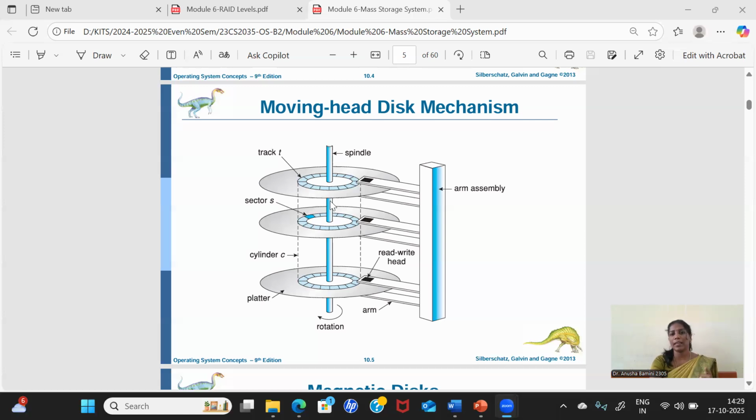When I select the 50th song, with the support of the spindle, this platter rotates, and immediately the disk head, which is used to perform read-write operations, is positioned.